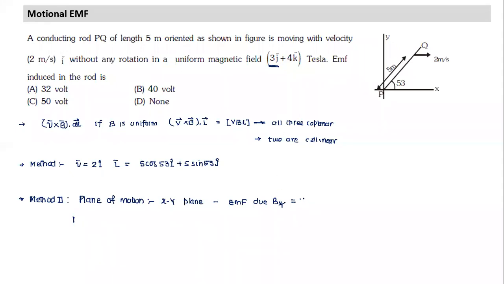Zero. Why zero? It's in the plane of motion, so all three become coplanar. So EMF is only due to the component which is perpendicular. This in-plane component doesn't matter. We are left only with the perpendicular component, which is equal to 4 k cap.